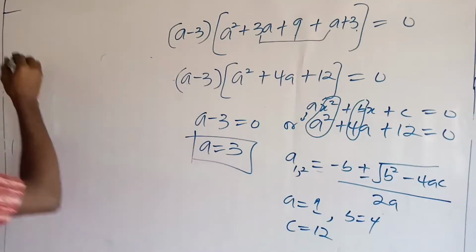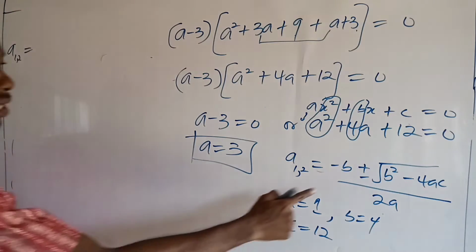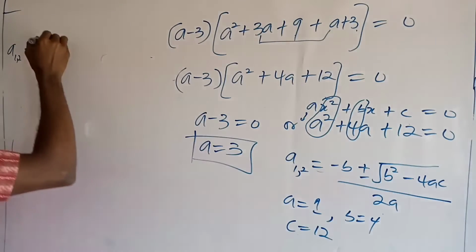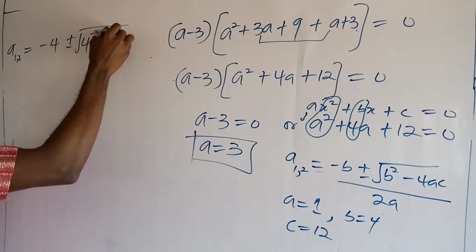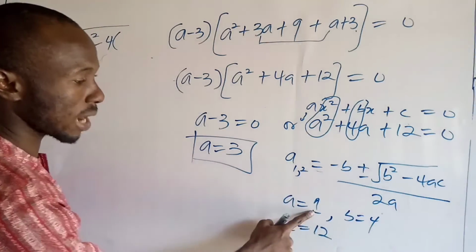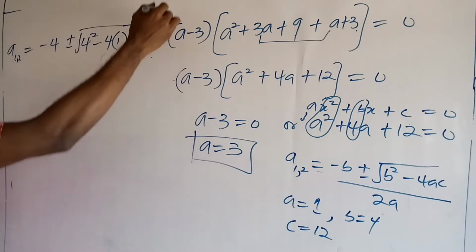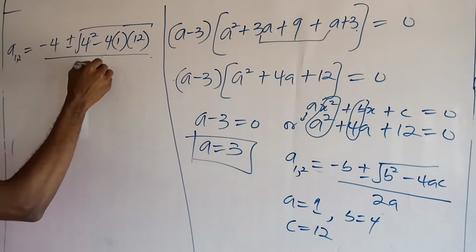So I have a is equal to minus b, so minus 4, plus or minus the square root of 4 squared minus 4 times 1 times 12, all over 2 times 1.